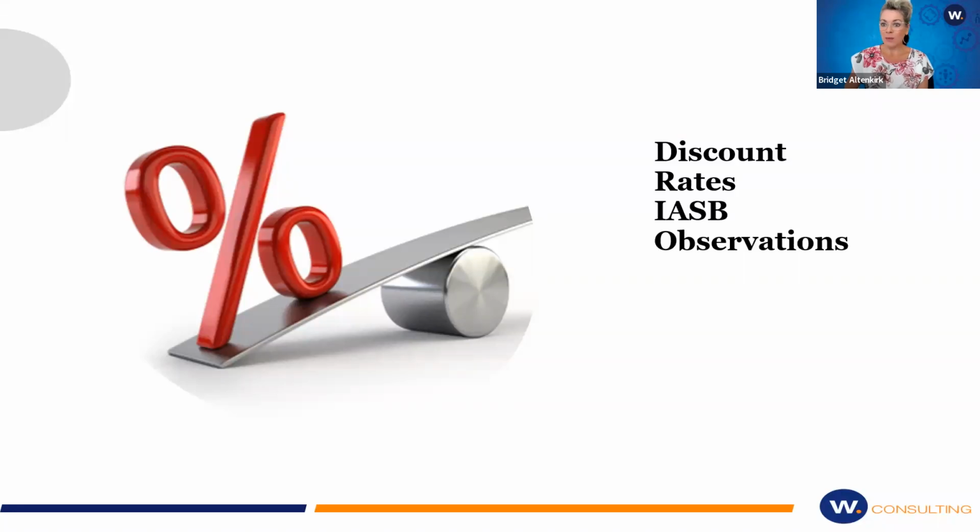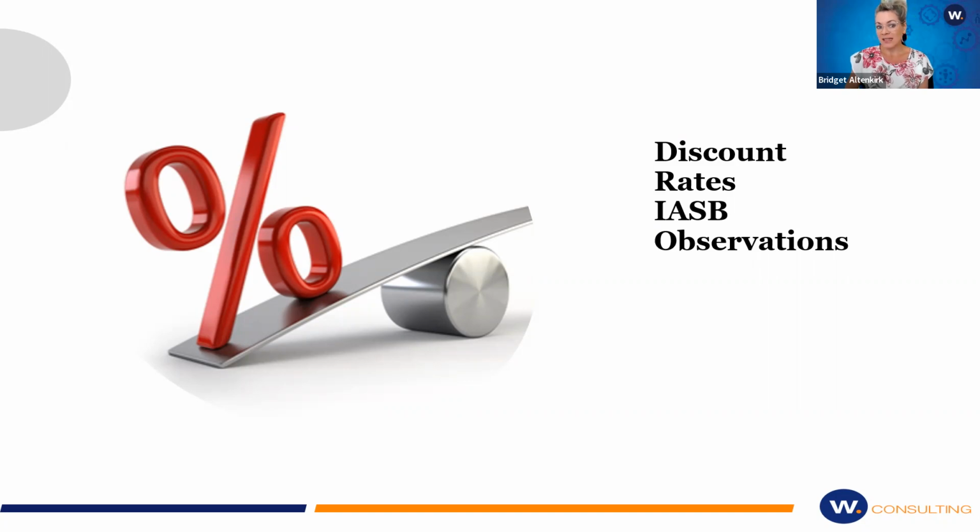Whether one is better than the other, what we've seen in practice is that entities often don't have the information to do pre-tax cash flows or pre-tax discount rates. The information on a post-tax basis is often what is available. So entities are having to use post-tax information and adjust it to get back to pre-tax numbers, just to comply with the standard.